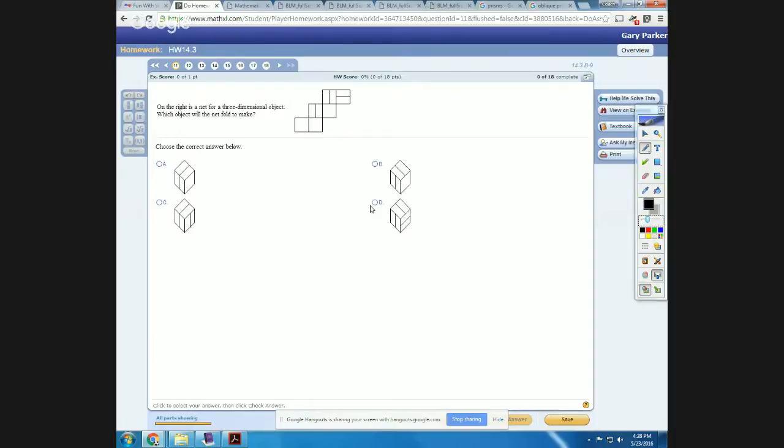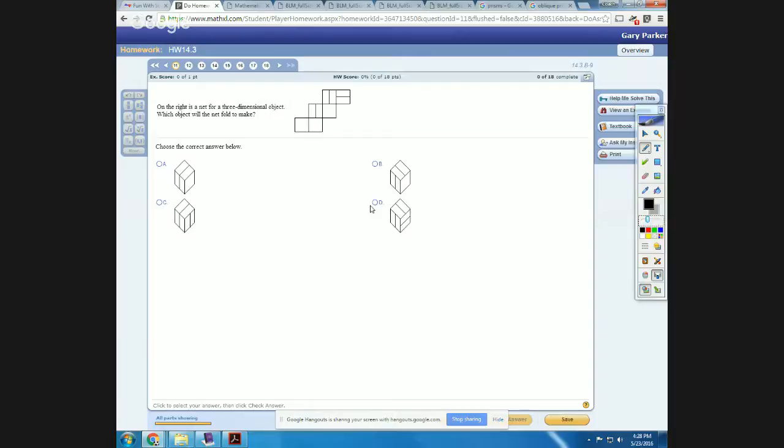If we have a net of the figure, all a net is the faces of the 3D object flattened out. And you could fold them and tape them to make the real object.